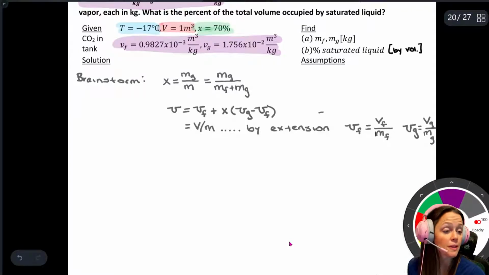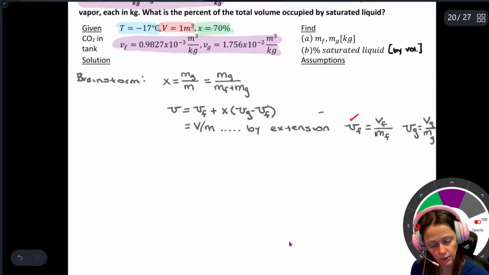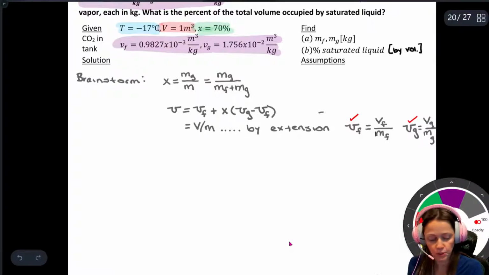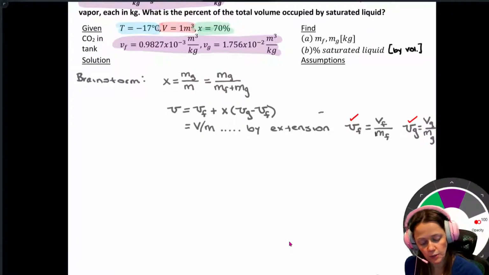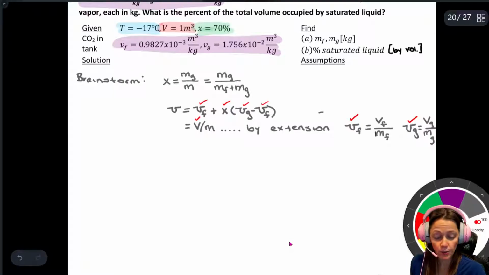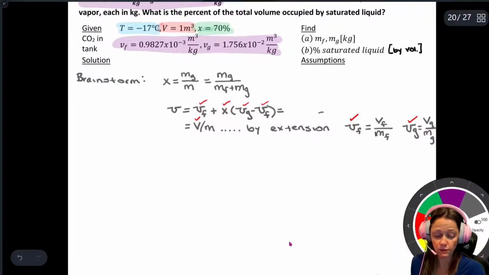All right, so some of the things I do know. I know this guy right here. I know this guy right here. So that's the specific volume of that saturated liquid portion and of the saturated vapor portion. I also know the total volume, and I know the quality. So actually at this point, I've got enough information to calculate that specific volume if I plug and chug, right?